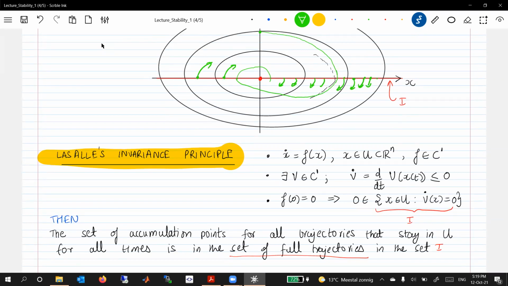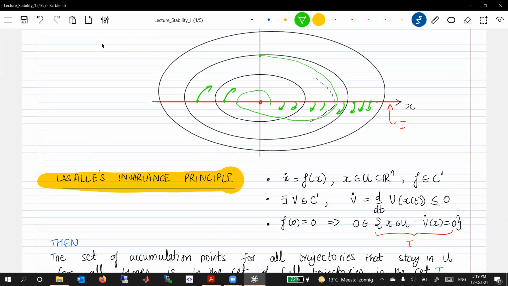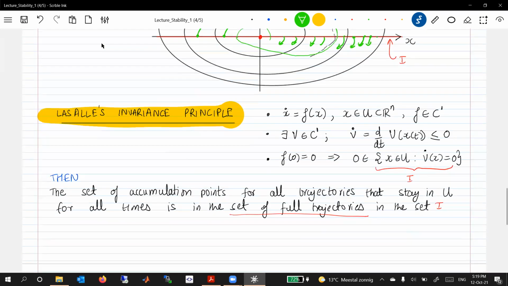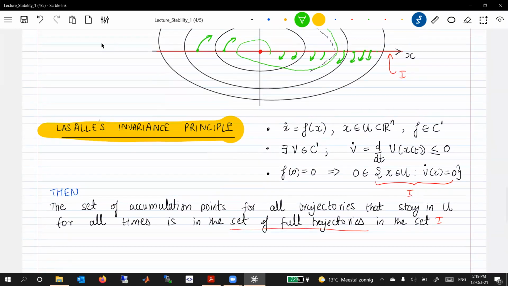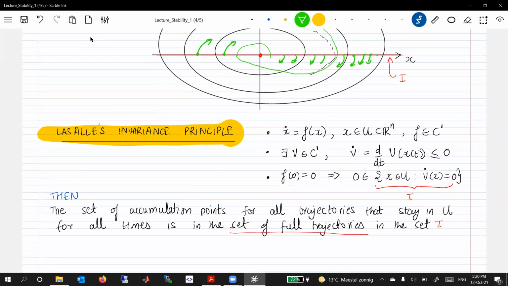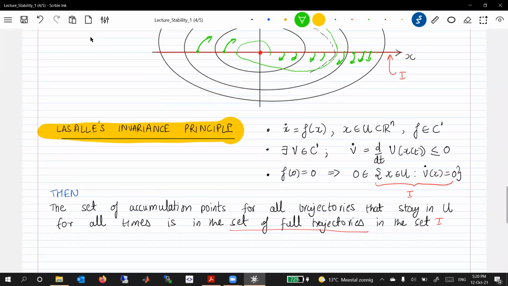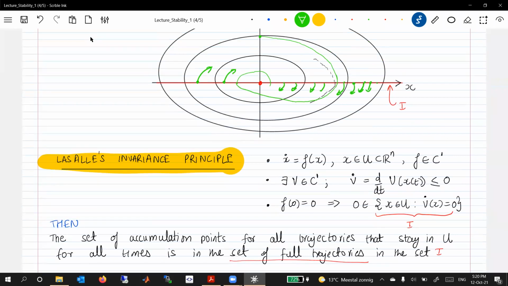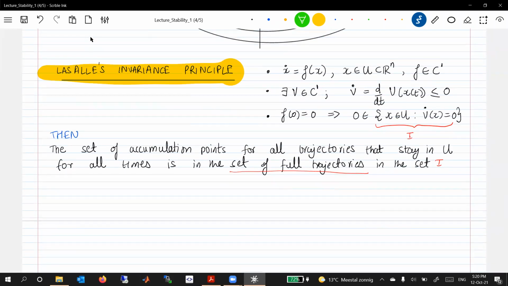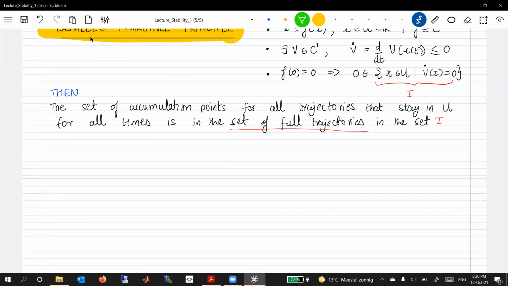Because that would be the accumulation point for all trajectories inside the set U. So far, I have not found any trajectory which is lying inside I. That's what my answer would be. That would kind of tell me where my trajectories are leading. So I'll let you think about it, and I hope to see an answer probably in the chat.